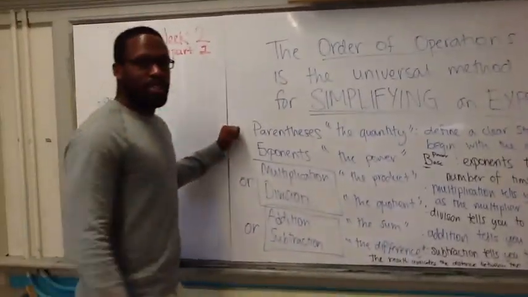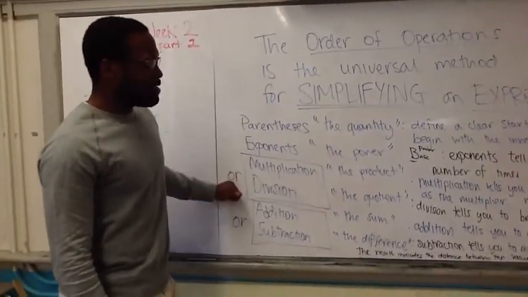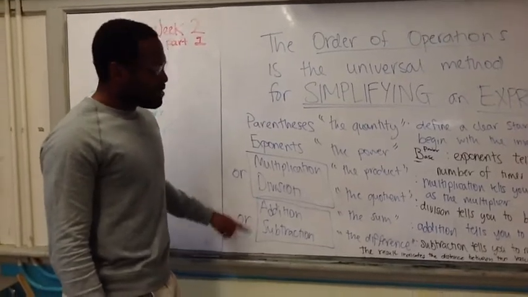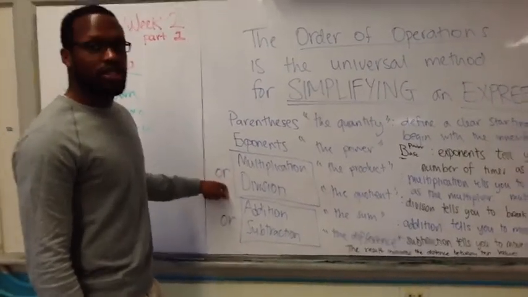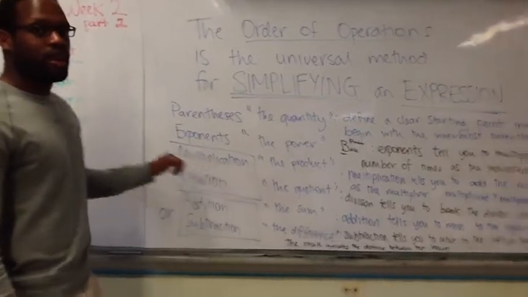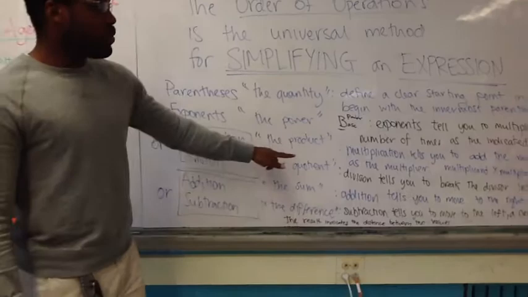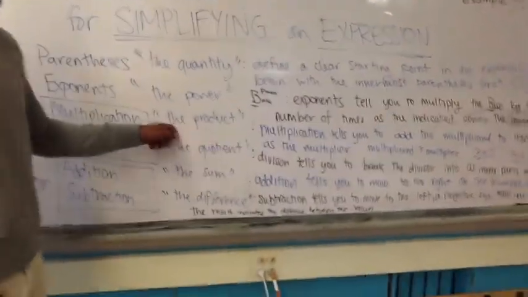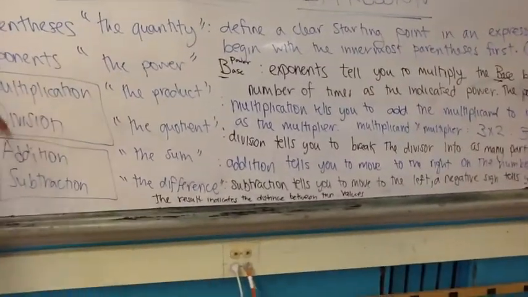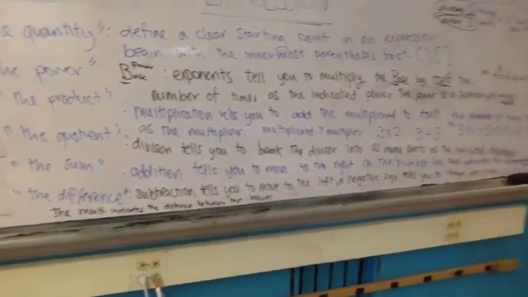The next 2 operations we discuss are multiplication and division. Like addition and subtraction, multiplication and division occur from left to right. That means you perform them from left to right. The key word associated with multiplication is the product, and the students understand multiplication as adding groups.